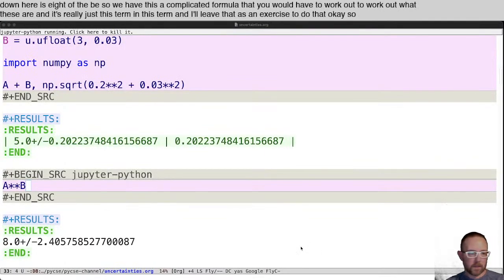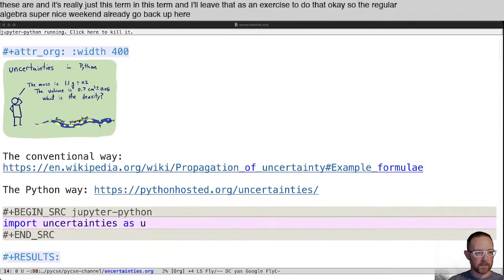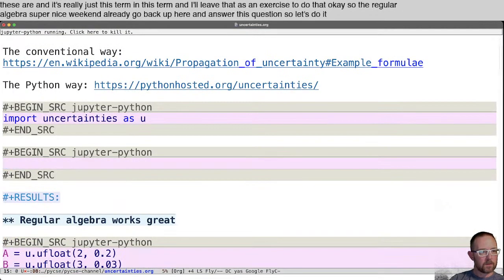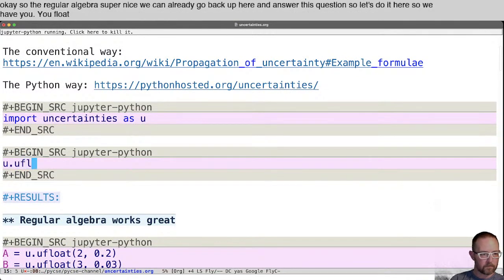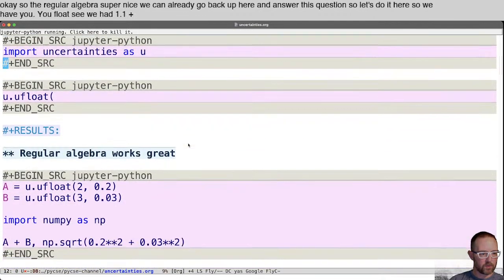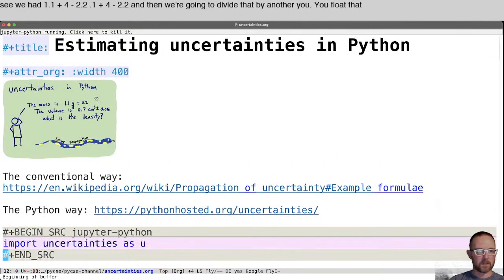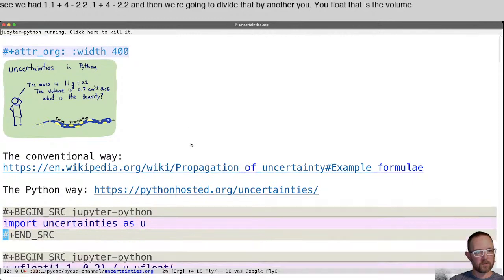Okay, so the regular algebra is super nice. We can already go back up here and answer this question. So let's do it here. We have u.ufloat 1.1 plus or minus 0.2, and we're going to divide that by another u.ufloat, that is the volume, 0.7 plus or minus 0.05.